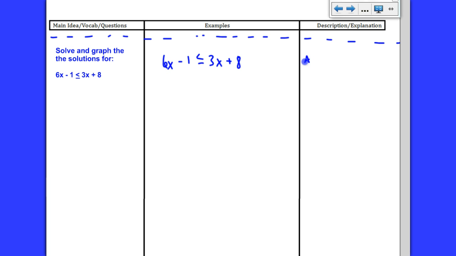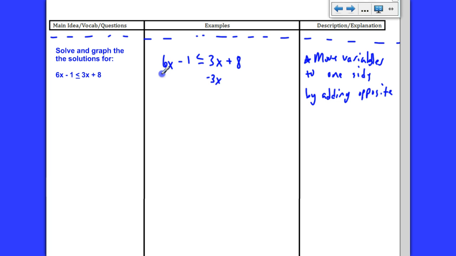So what we're going to do here is move all the variables to one side by adding the opposite. I think the easiest thing here would be to subtract 3x, so that's what I'm going to do.